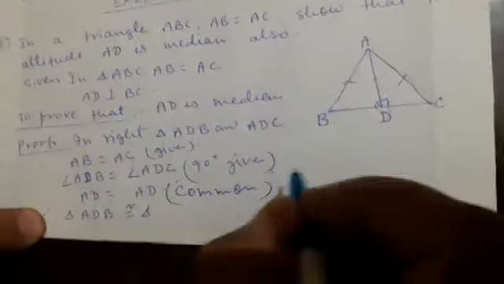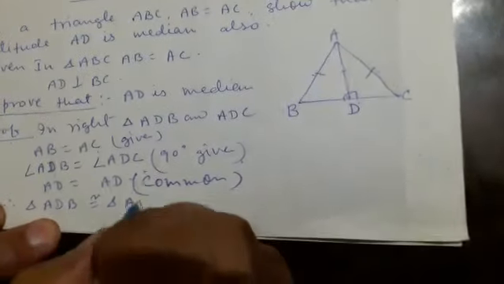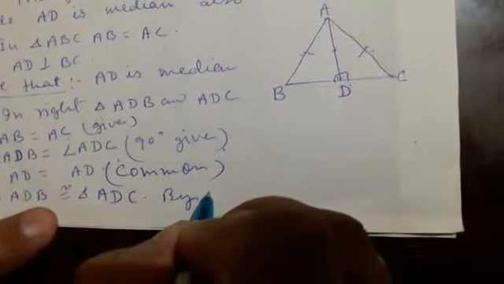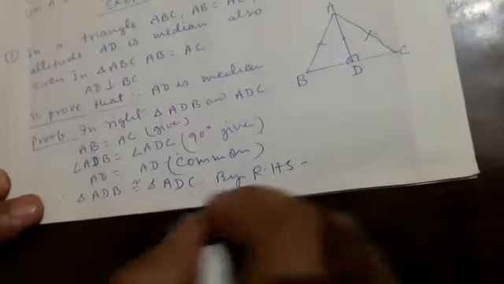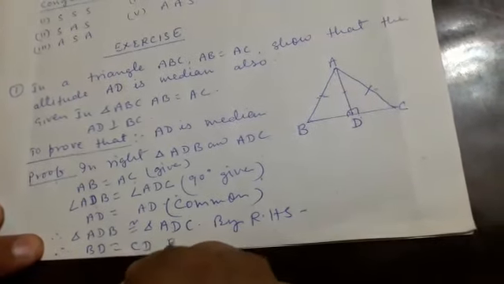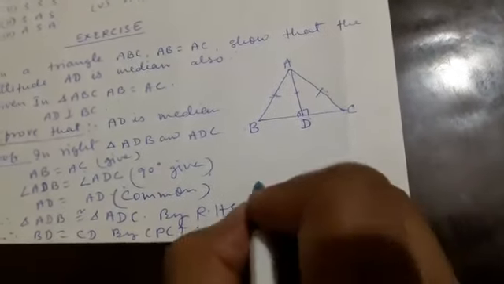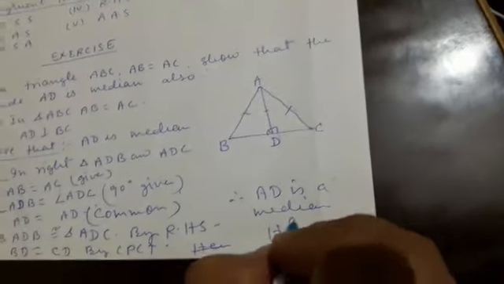Therefore triangle ADB is congruent to triangle ADC by RHS, right angle hypotenuse side. Therefore we can say that BD is equal to CD by CPCT. Therefore we can say that AD is a median. Hence proved.